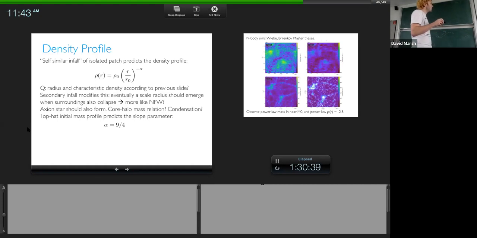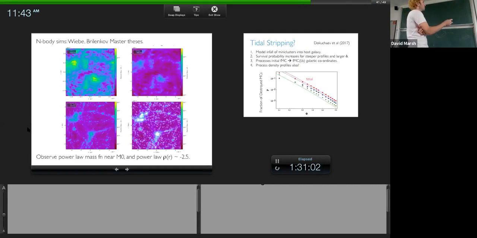But what we can say is something about this initial power law. The top hat initial mass profile predicts some slope parameter, and it will predict 9/4. Is this correct? This has been investigated by a number of different people here at Göttingen, and I'm not going to go into the results, but for example, some n-body simulations were done by previous master's students, and these have been shown at conferences over a number of years, by Jens, Felix's simulations and Ruslan's simulations.